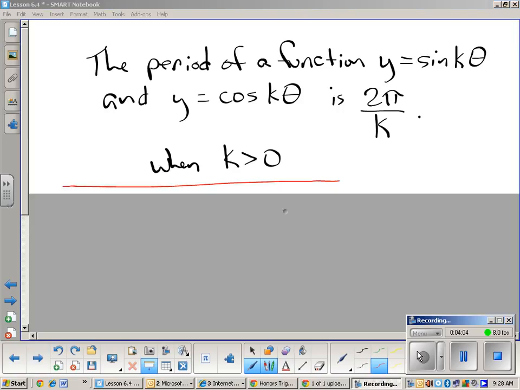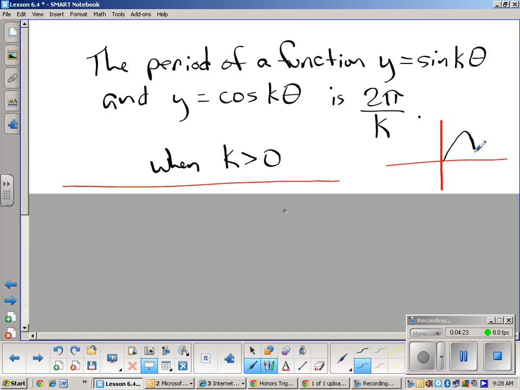Remember, in lesson 6.3, you talked about the period of a sine function, the period of a cosine function, and it told you that the period was 2 pi. Meaning that in a sine function, the time it took to get from 0 to 1 to 0 to -1 back to 0 again to complete the entire cycle was 2 pi.